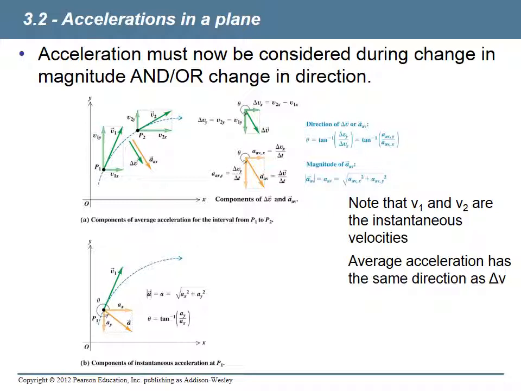It'll be much easier to interpret if we break them into the components. So we take velocity vector 1 and break it into its components: a y component in this direction, v1y, and an x component right here, v1x. We do the same thing with velocity 2. We have a v2y here, and a v2x here.